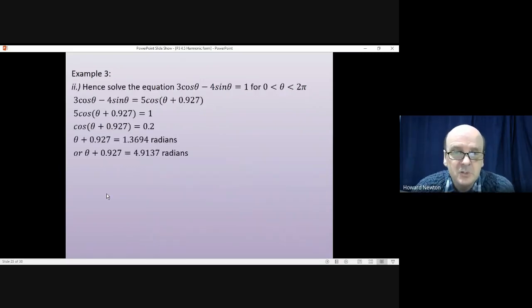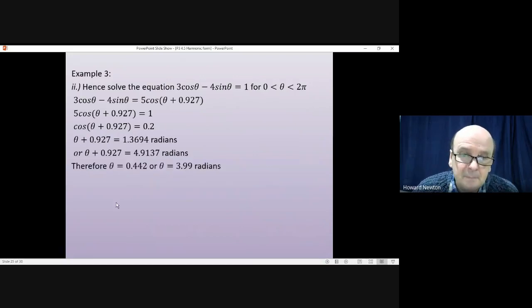So those are the two solutions in the range that we wanted, which means theta plus 0.927 either equals 1.3694 or 4.9137. We still need to take away the 0.927, and that gives us the final answer for theta. Theta either equals 0.442 or theta equals 3.99 radians.